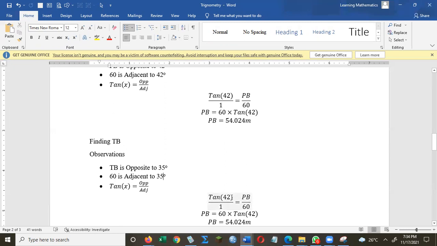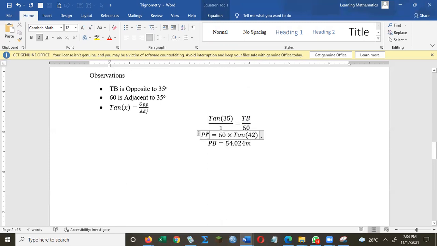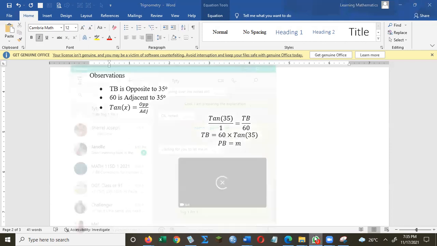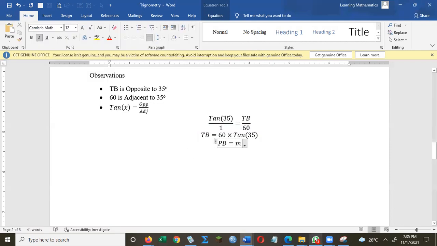So tan of 45 is equal to TB over 60. And we cross multiply, 1 by TB is TB, equals 60 times tan of 45. 60 times tan of 45, that's how much? 42.01.